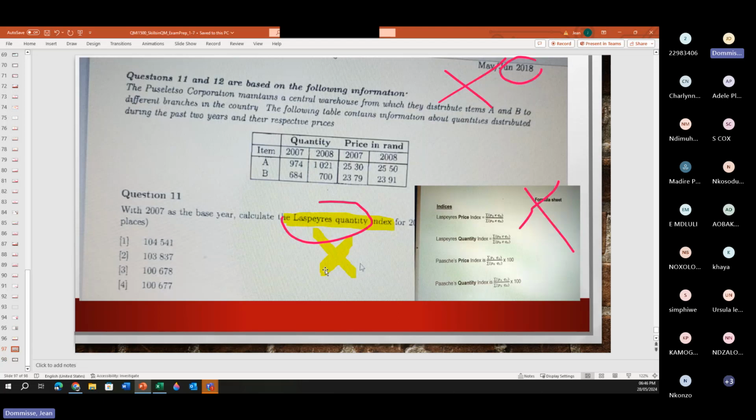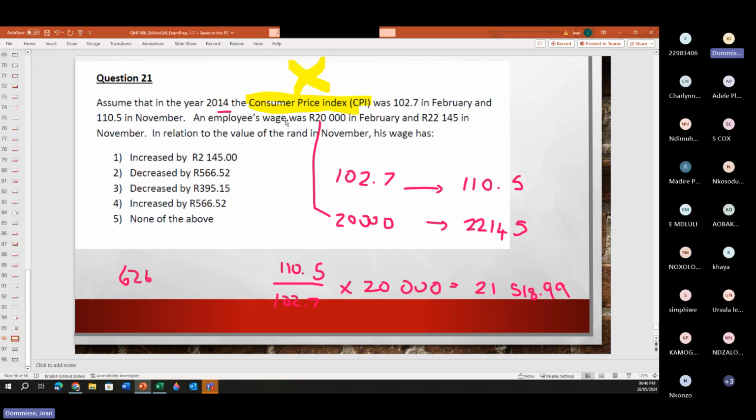So sometimes just be wary of previous exam papers where certain things have changed. And one is definitely on this index, and really there is no focus on consumer price index, or rather use it as a way of a ratio than anything else.